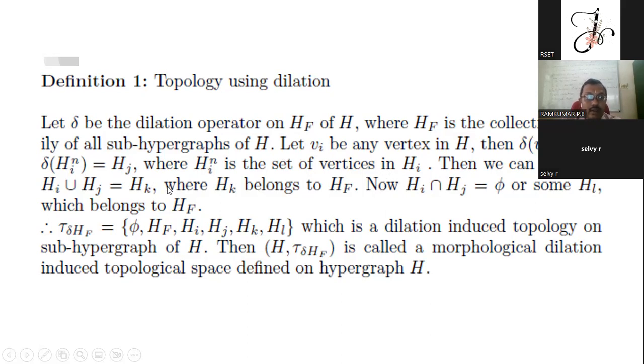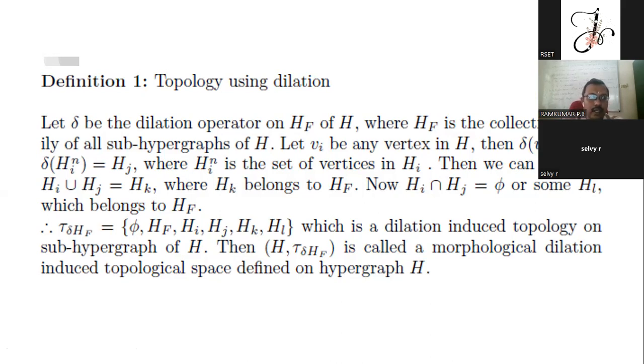So in general, we can consider H_i union H_j as H_k, where H_k belongs to this collection of sub-hypergraphs, and the intersection of any two sub-hypergraphs is empty. Again, we can consider so many sub-hypergraphs in this collection H_F. Together that forms a topological space. This can be considered as a dilation-induced space denoted by tau_delta(H_F).